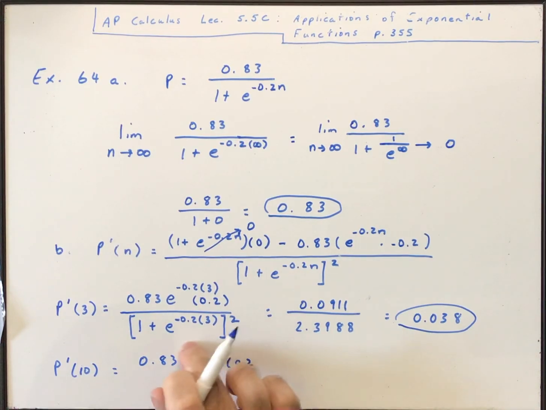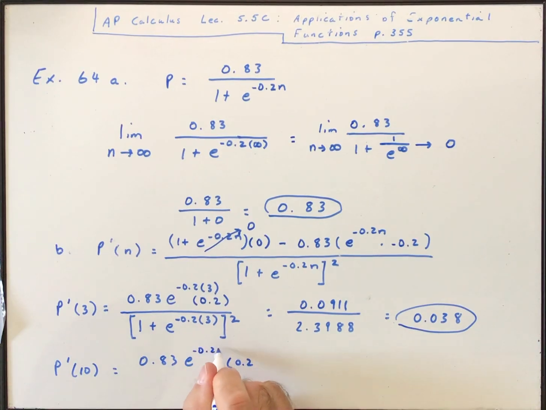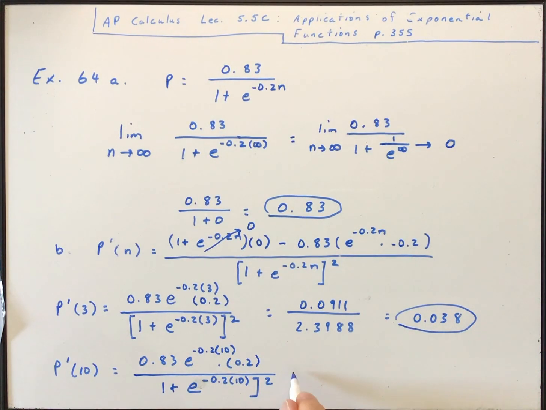Actually, it wouldn't be 0.6, would it? It'd be minus 0.2 times 10. So that'd be negative 2, over 1 plus e to the minus 0.2 times 10, all squared.